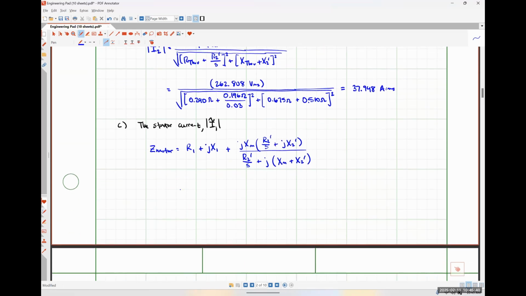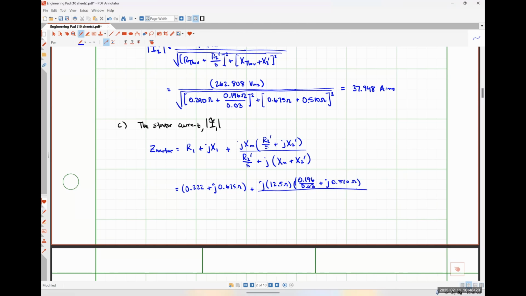Okay. So if I've subbed numbers into here, I would have 0.322 plus J 0.675 ohms plus J 12.5 ohms times 0.196 over 0.03 plus J 0.510.